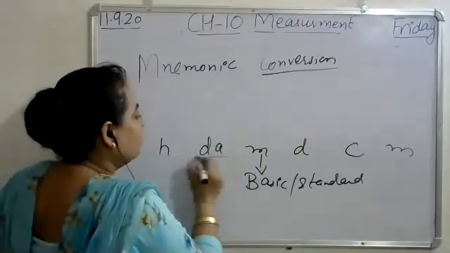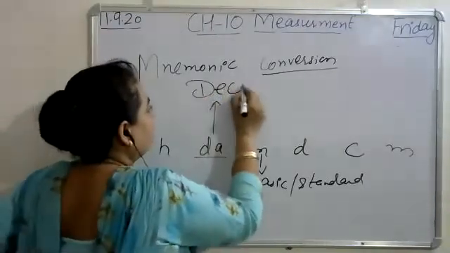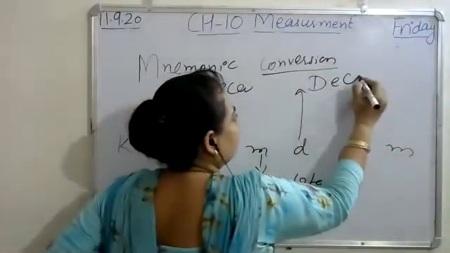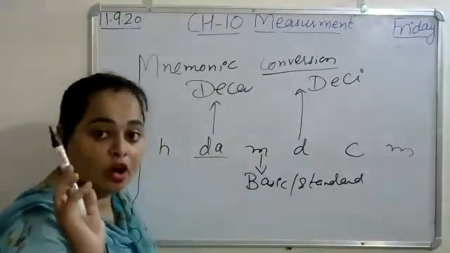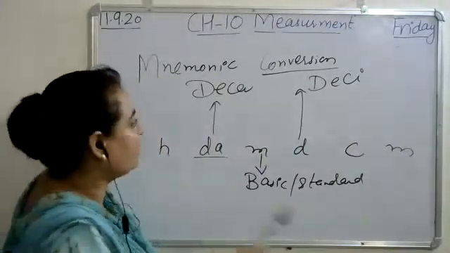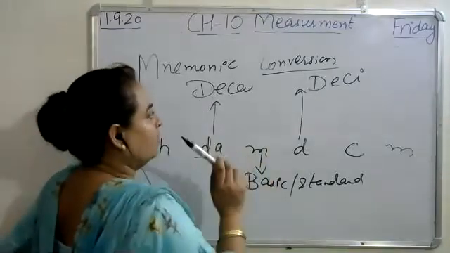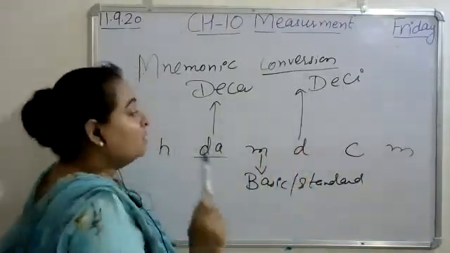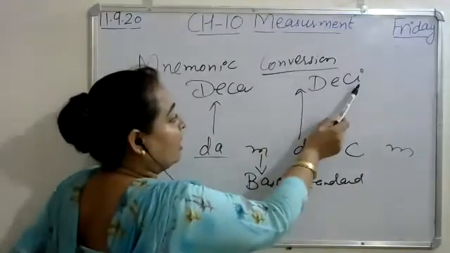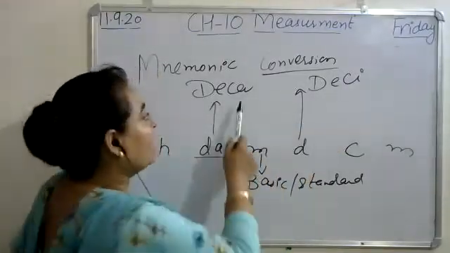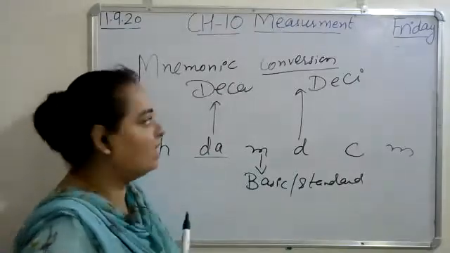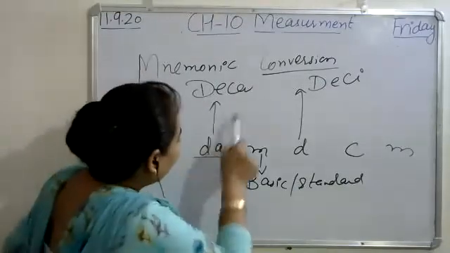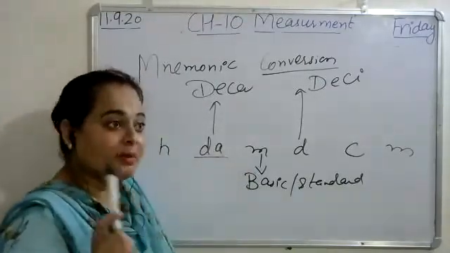Not decimeter. The first one is deca, and deci is this. Use the alphabetical order. Alphabetically, D same, E same, C same. The only difference is A and I. अगर हम ABC के अकॉर्डिंग देखें तो A और I में से पहले कौन आता है? तो डेका पहले आएगा बेटा, डेसी नहीं आएगा. ये मैंने आपको पहले भी बताया था.